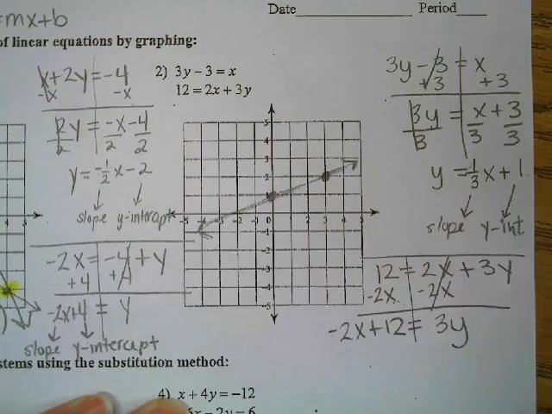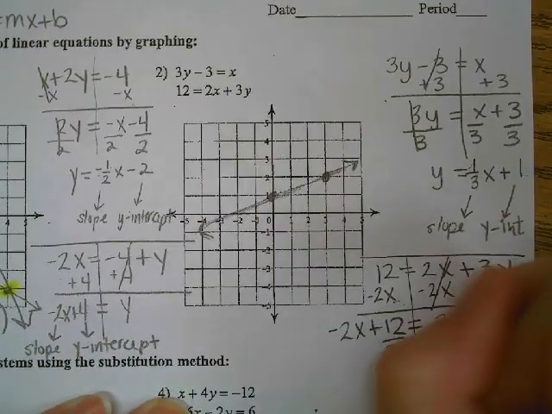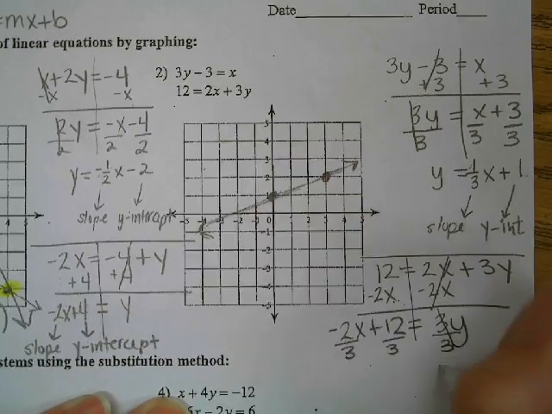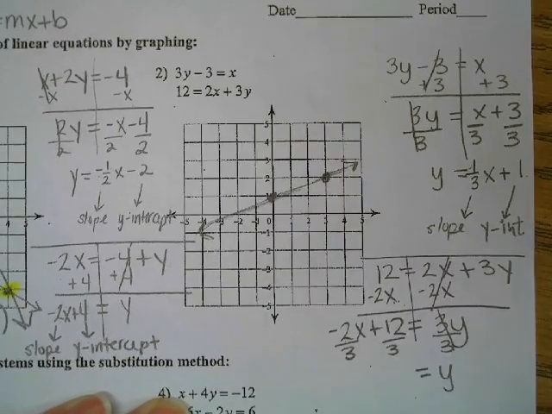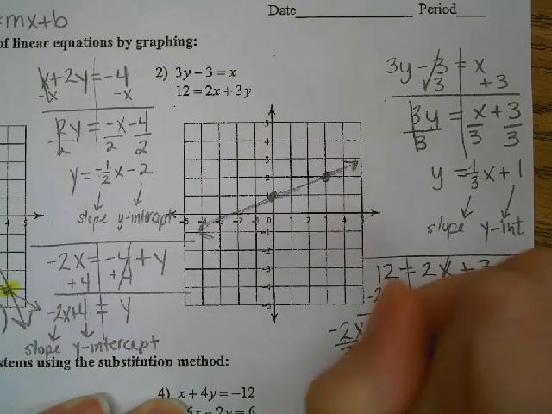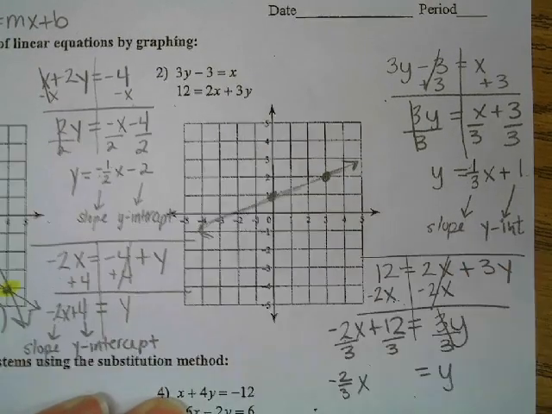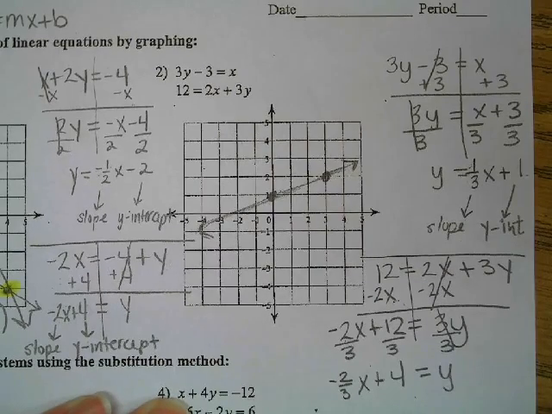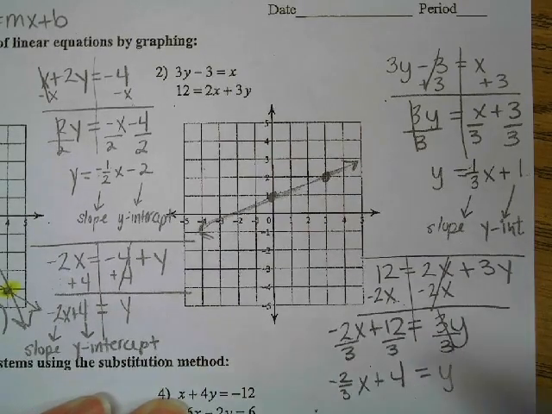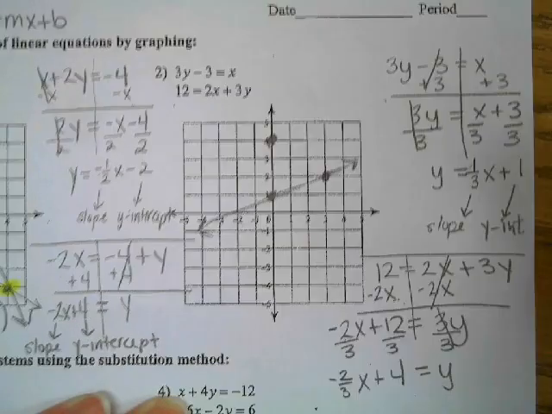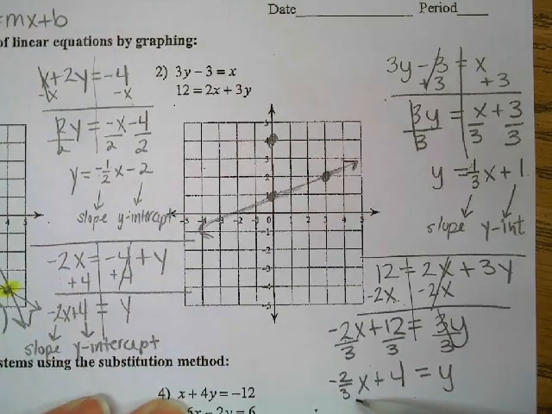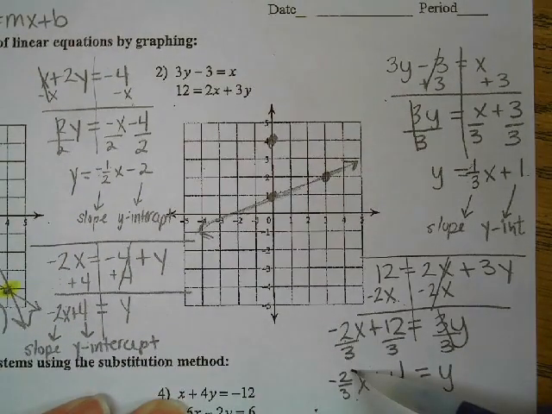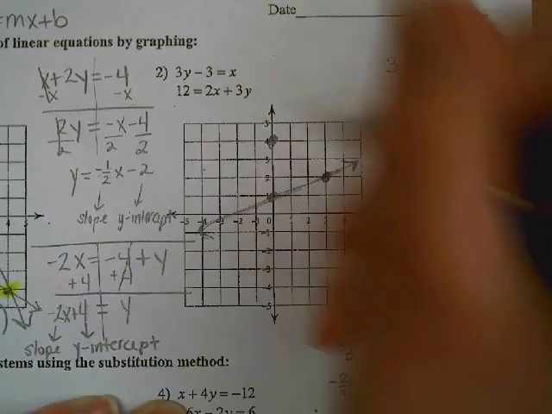Then to finish this off, divide everything by 3. So now on the right side, you got y equals, and the left side simplifies to negative 2/3 x plus 4. So your y-intercept is 4. Your slope is negative 2/3. So that means you're going to go down 2 over 3.